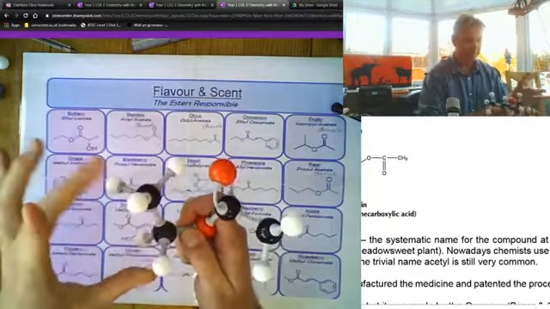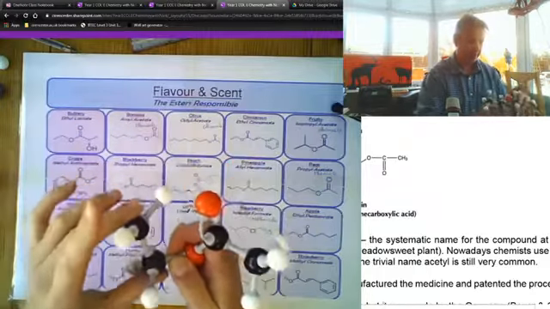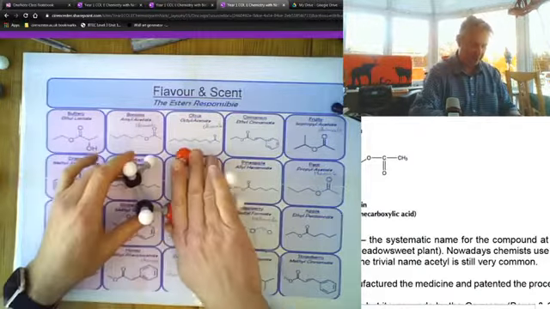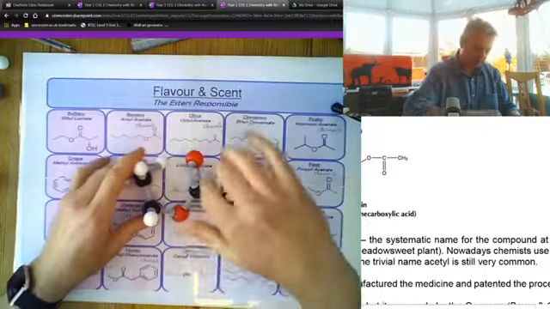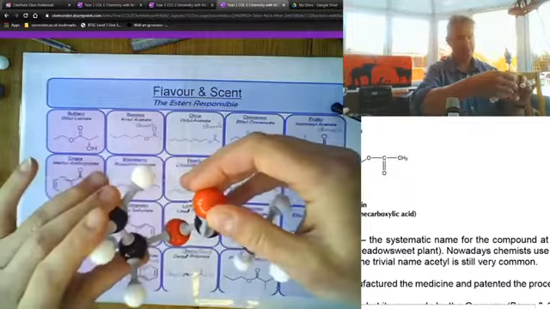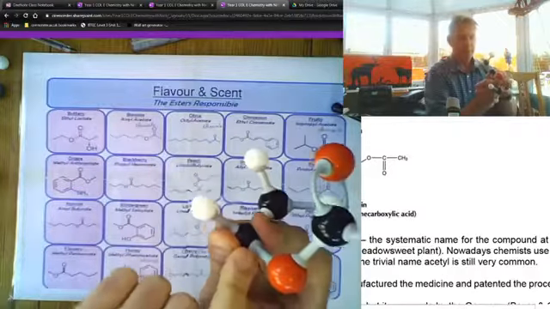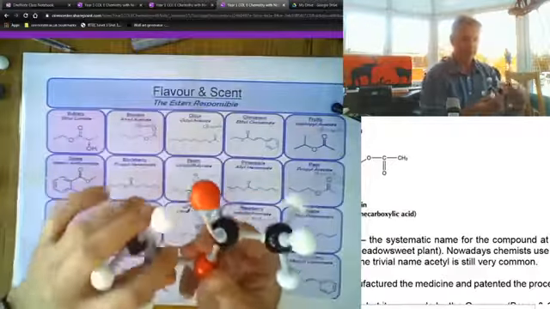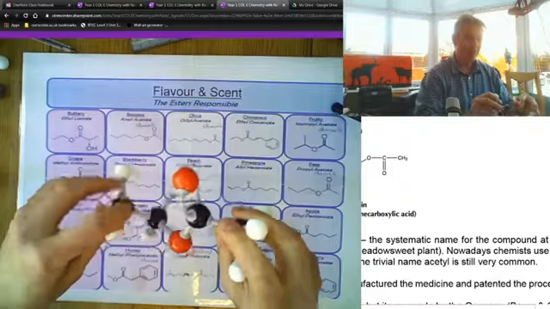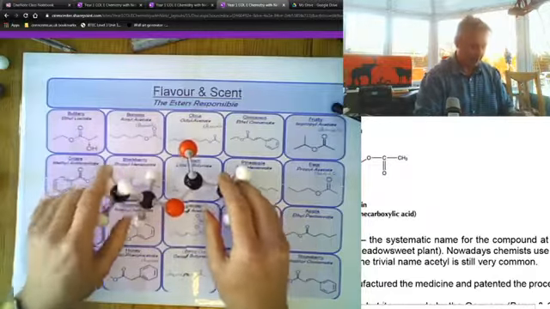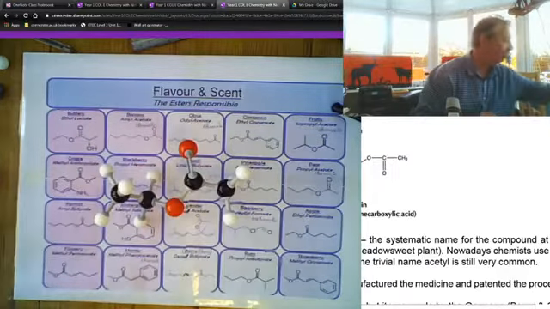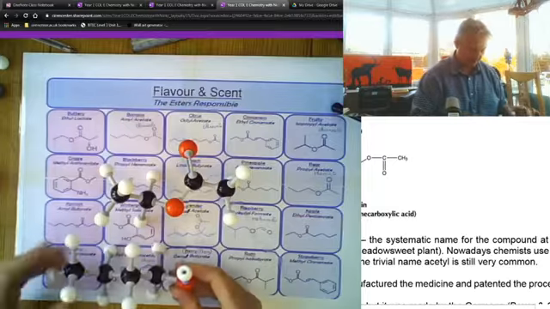So the stem is ethyl, and then this bit, the rest of the main part of the molecule, you can imagine is the carboxylic acid, but without a hydrogen here, just the rest of the molecule. So this is ethyl ethanoate.